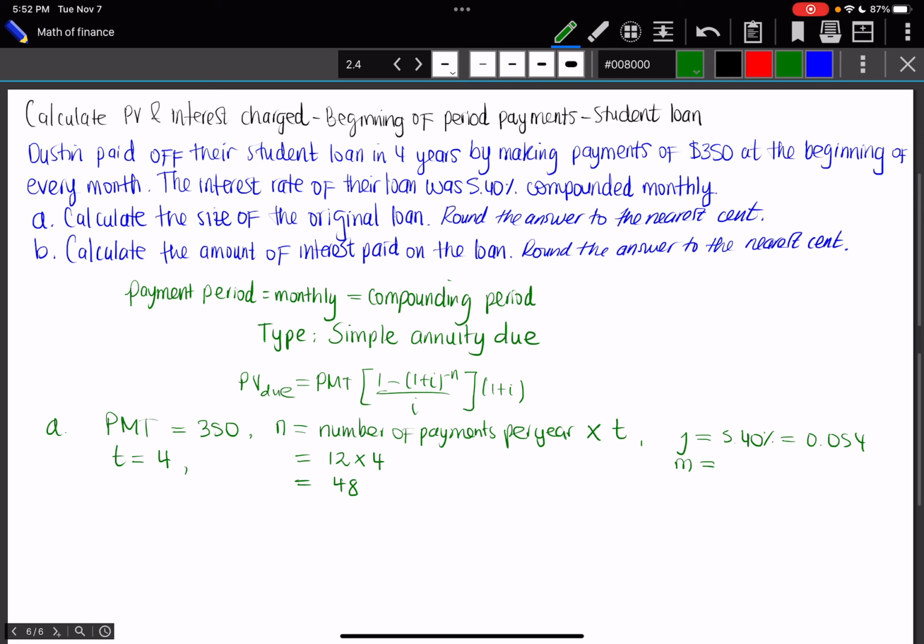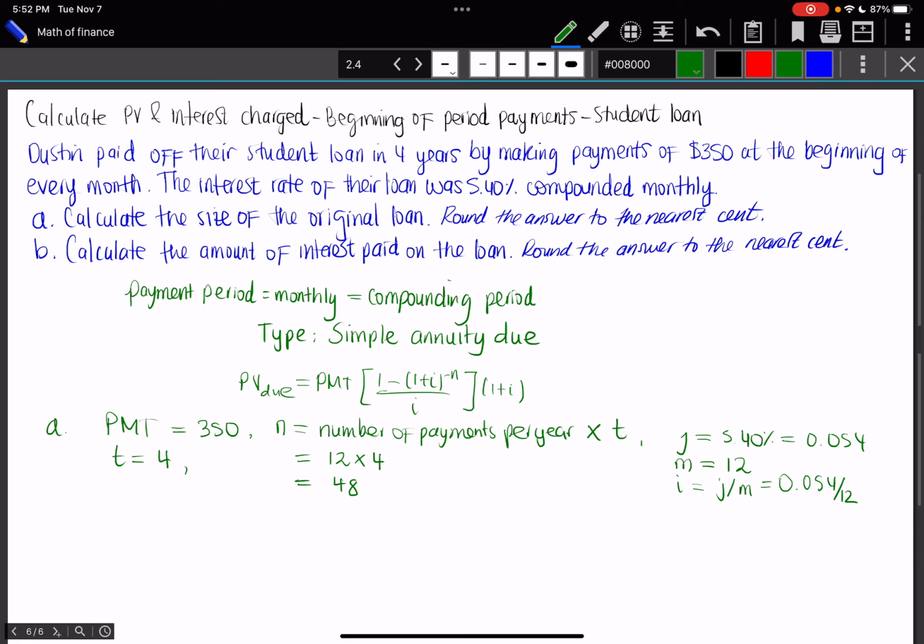Because interest is compounded monthly, the compounding frequency is 12. So the periodic interest rate turns out to be J divided by 12. We do J divided by M. So we divide 0.054 by 12, and we get whatever we get.